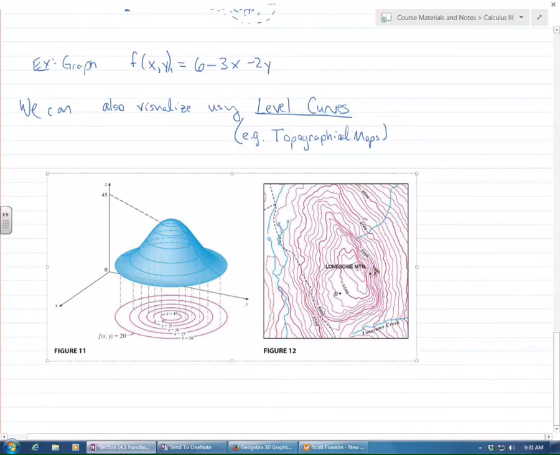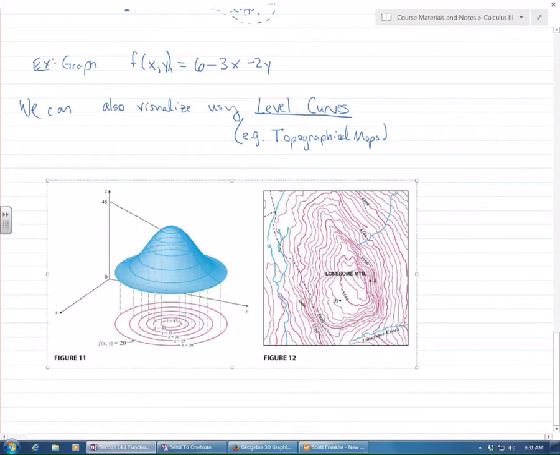And you probably can't see very well, but this number right here where my crosshairs are says 5,000. And so this dark line here connects all the points of height 5,000. This one over here says 4,500 and connects all the heights of 4,500.